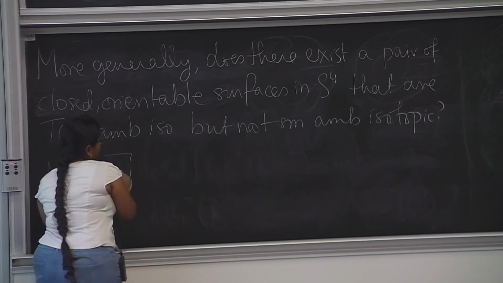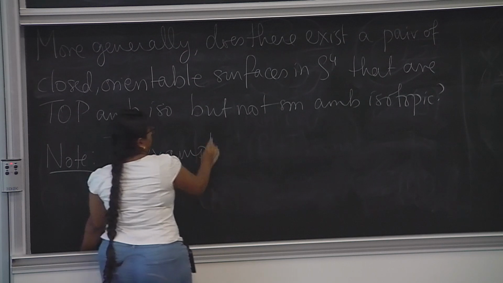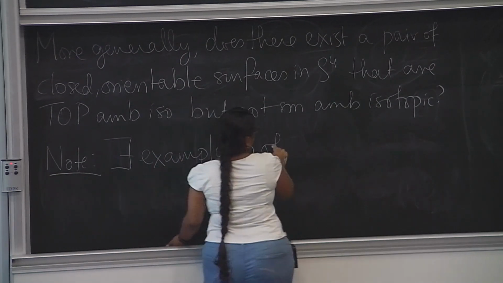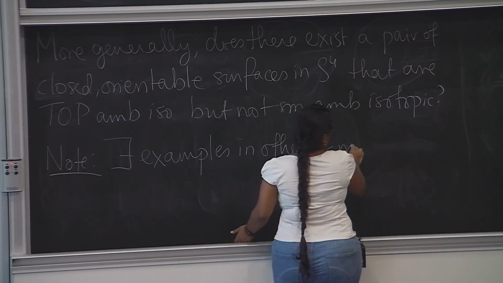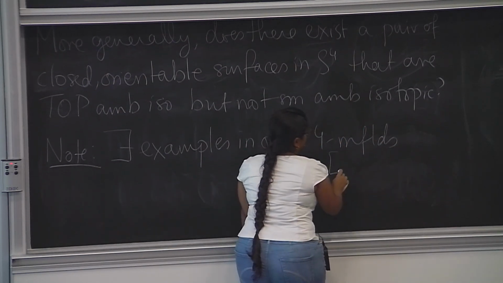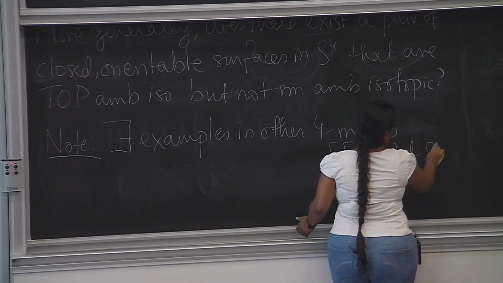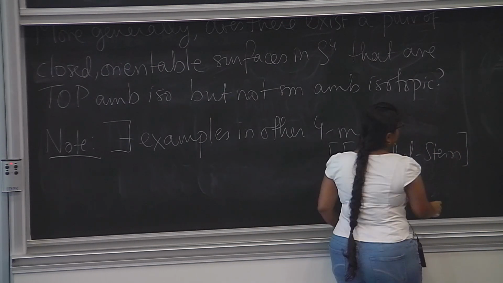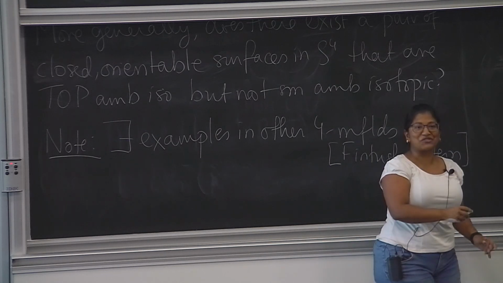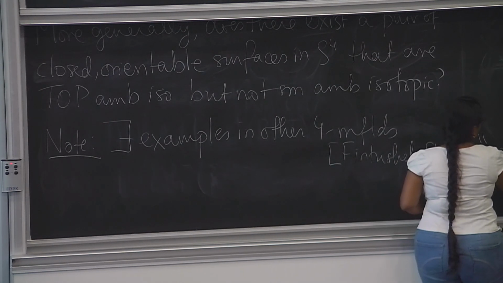There are examples in other four manifolds. The first ones of these were due to Fintushel and Stern, using something called rim surgery. It's related to the rim torus that we saw earlier.